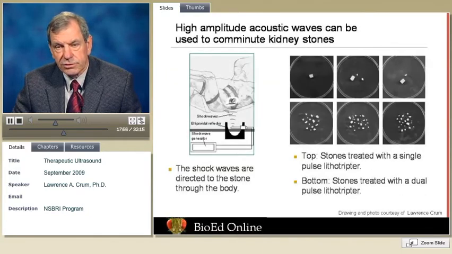This figure here shows a typical kidney stone, maybe about a centimeter in diameter, and after a few hundred shock waves, these stones are broken up into small enough pieces, usually less than 2 millimeters, and then they pass through the body in a normal urological or urinary removal. And this is a revolutionary technology.